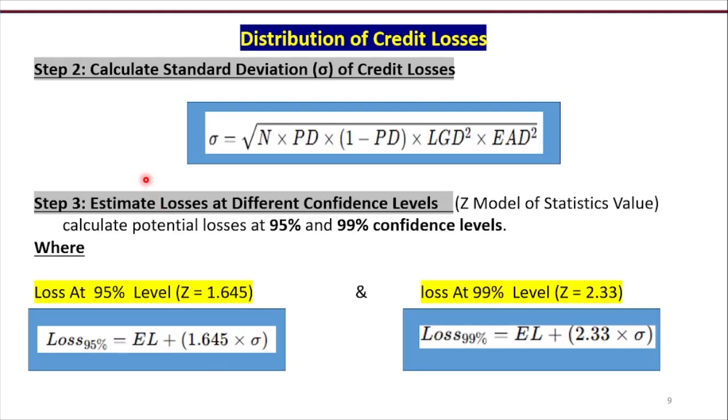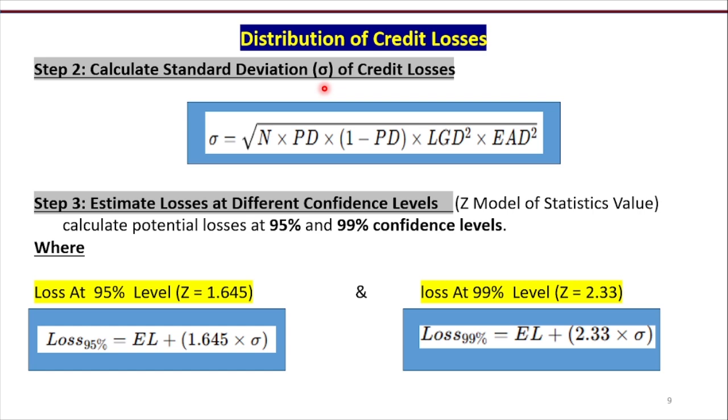Okay, so the second step is to calculate the standard deviation of credit losses. Standard deviation, we sometimes call it sigma. The name of this symbol is sigma, and different people call it by different names.